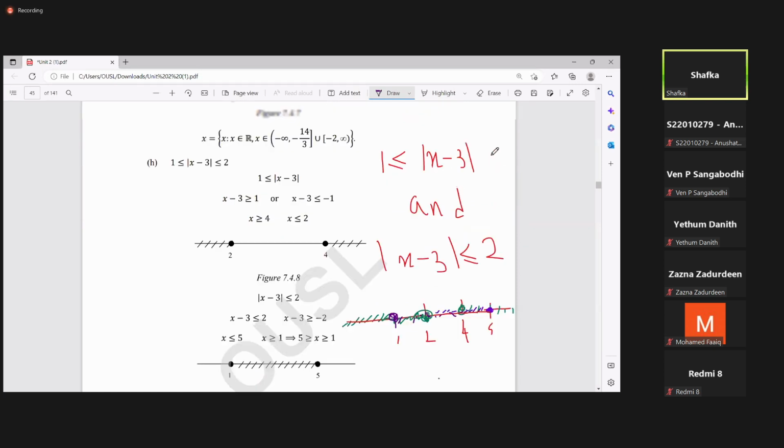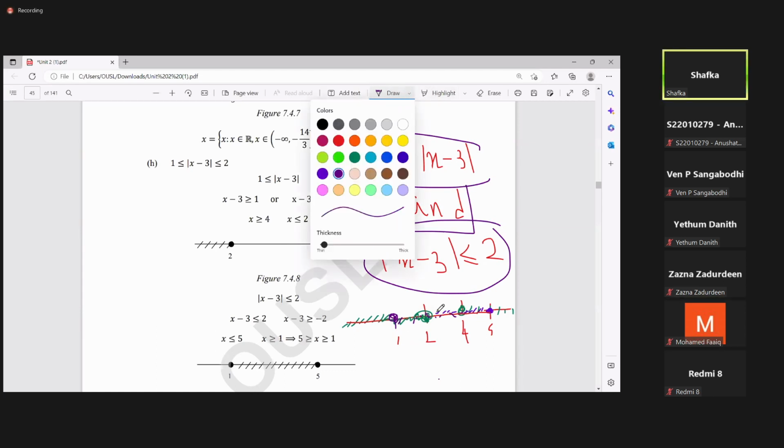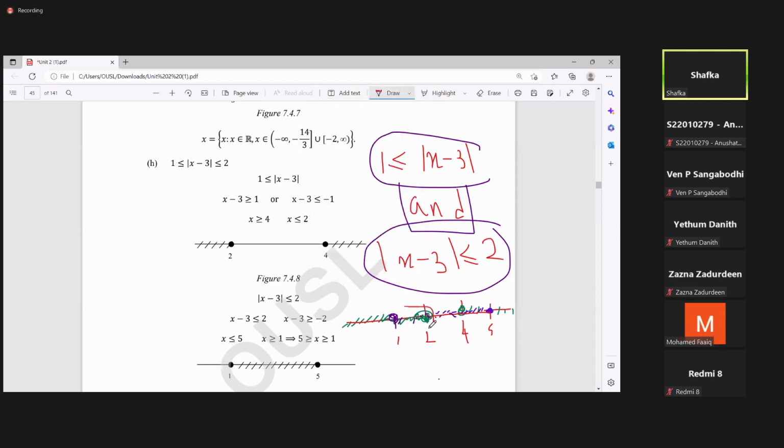You have to consider the solution of this and this one. By using the knowledge of sets, you have to consider the common region. What are the common regions? Common regions are this part as well as this part, isn't it?